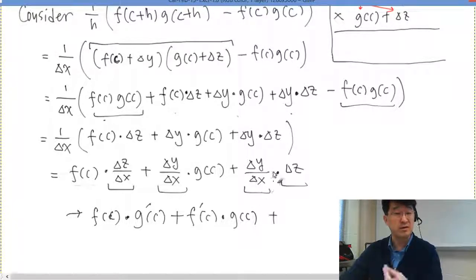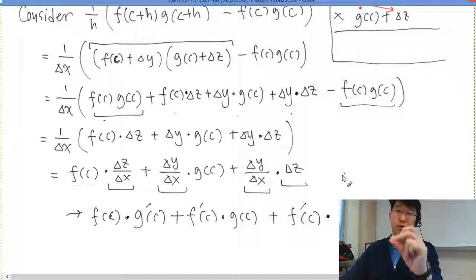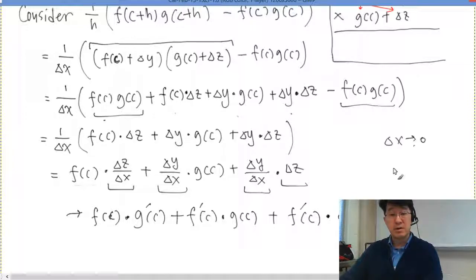Next one is peculiar. How about this one in here? f prime of c, right? How about delta z? Who remembers anything about delta z? Delta z, as delta x approaches 0, is a small quantity, right? So that approaches 0 there. Does that make sense? Yeah. Delta x approaches 0. Because of that, delta y approaches 0.